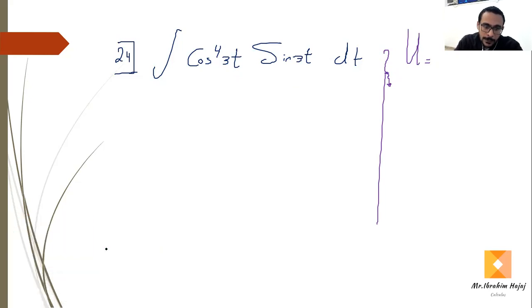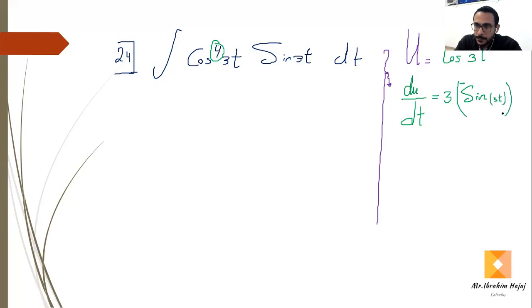U is cosine 3t, the one that is under the power. du over dt equals 3 times minus sine 3t. The 3 here is a chain rule: the derivative of the inner function multiplied by the derivative of cosine, which is minus sine of the same angle, 3t. So dt is du over negative 3 sine 3t.